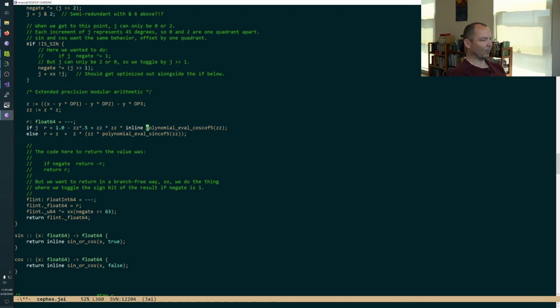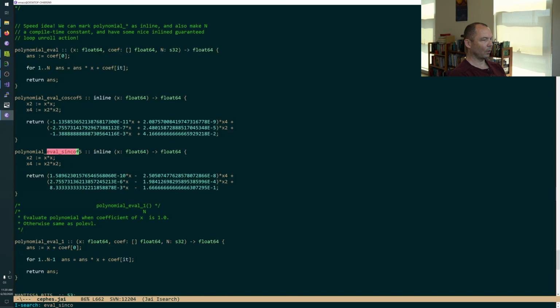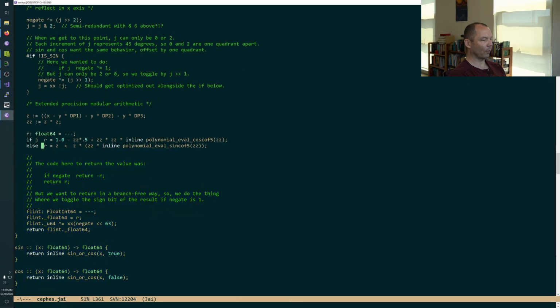Let's just see if this helps at all. Oh, we marked those inline over there. All right, never mind. See your previous comment: the reduction probably has some extra ifs that specifically handle small reductions.